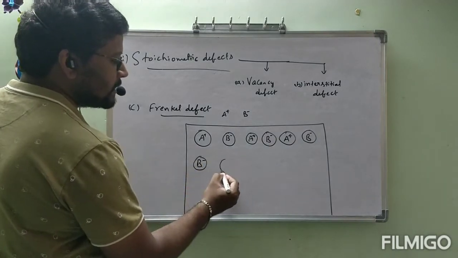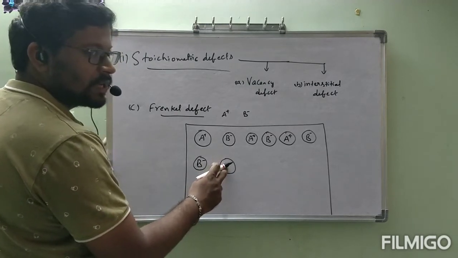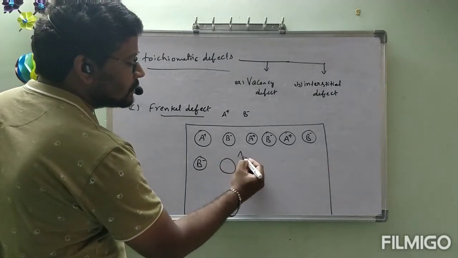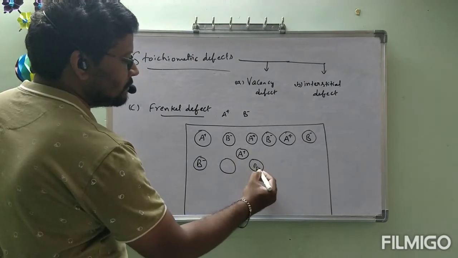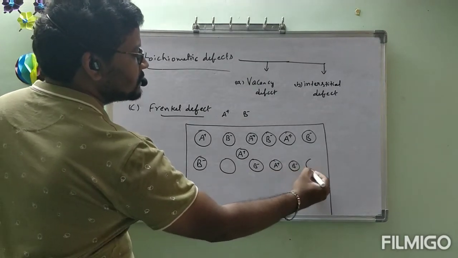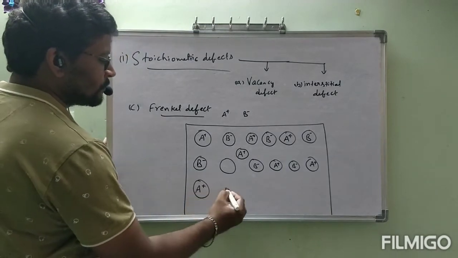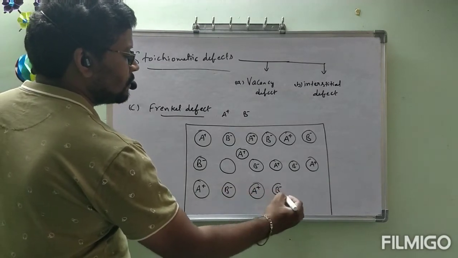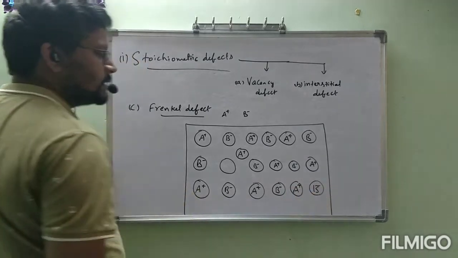Next A plus is missed. If you observe this one, this is missed, and it is going to occupy some interstitial position. Next B minus, A plus, B minus, A plus, B minus, A plus, B minus.